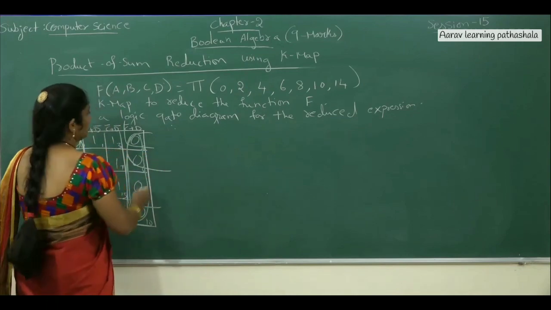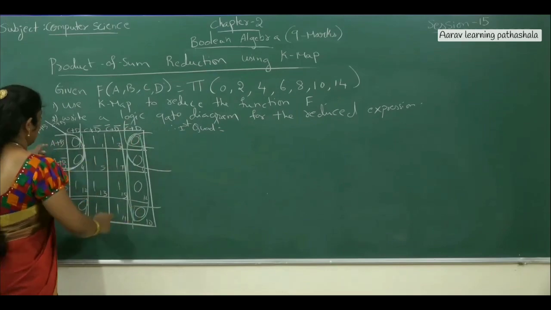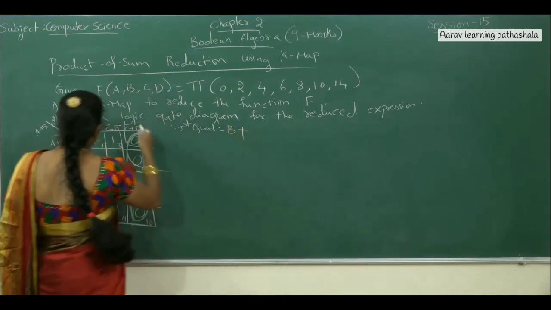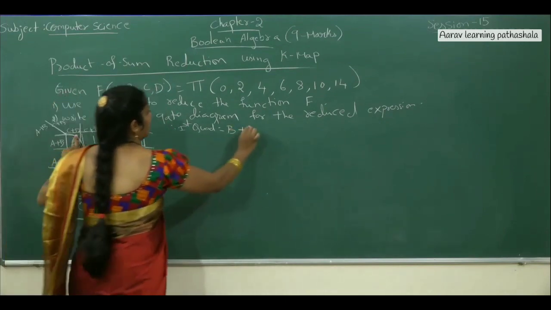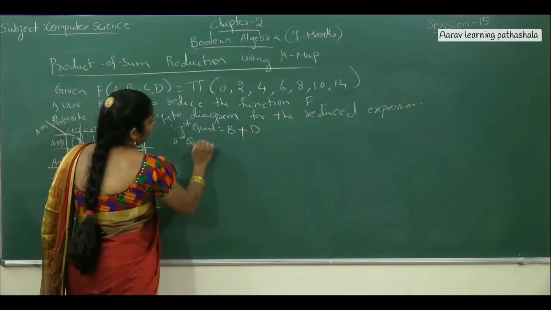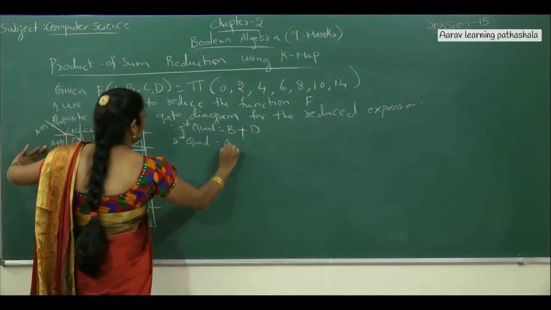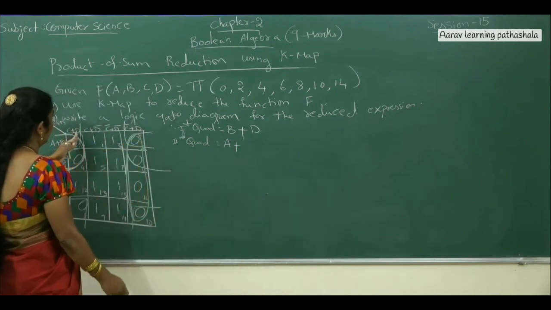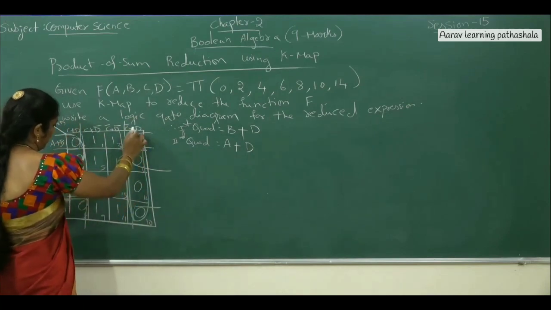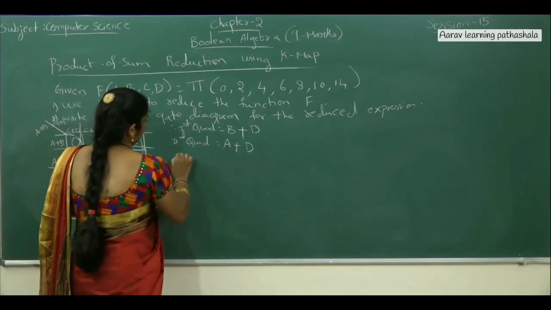Therefore, first quad, I'm going to take the corners. On these corners, the common factor will be B plus, in column wise the common factor will be D. Next second quad, I am going to take these 2. Then on this A is the common factor, A plus here the common factor will be D. Next I am to take this quad, then third quad.